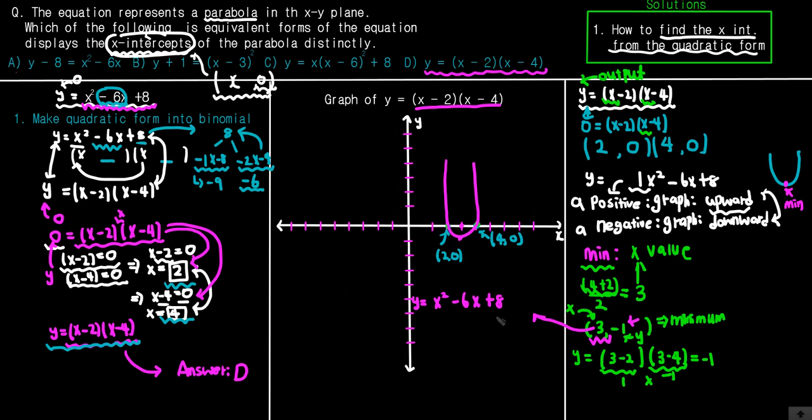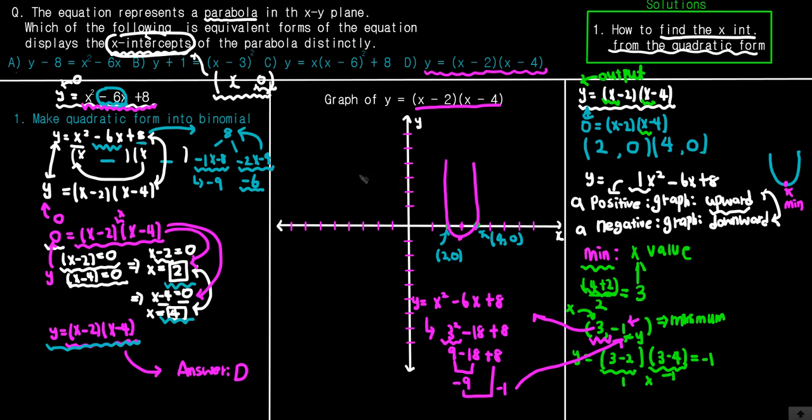If you input the value of 3 into x, it's going to be 3 squared minus 6 times 3, which is 18, plus 8. 3 squared is 9, so we have 9 minus 18 plus 8. 9 minus 18 is negative 9, and then plus 8 is negative 1, which satisfies our point.